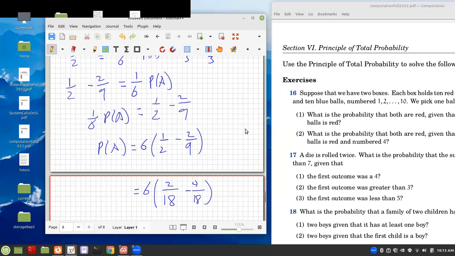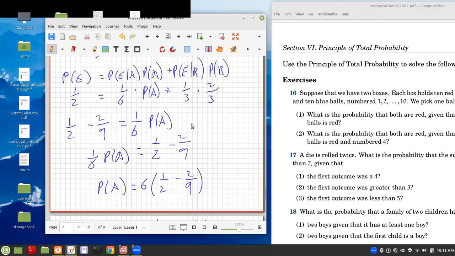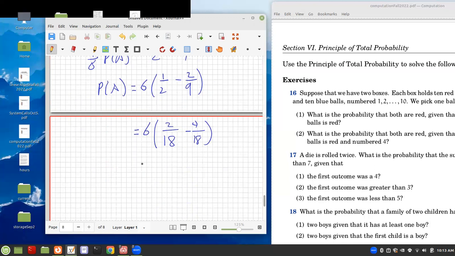And sometimes if I just choose numbers here, I can make a problem that doesn't make any sense. Unless I've made an arithmetic error, this looks like minus 2/18, because 2 minus 4 is minus 2.